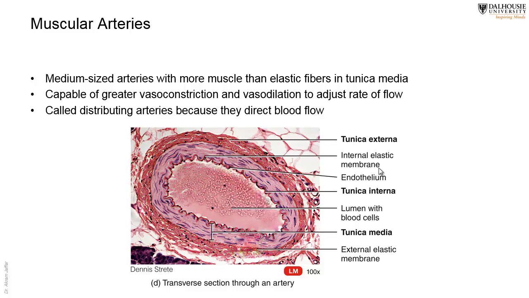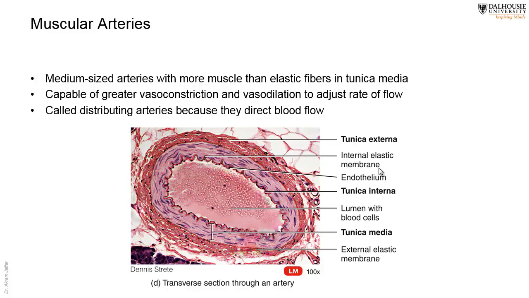The tunica externa or the adventitia is made of collagen fibers and fibroblasts. So here, this pinkish area is collagen fibers, and the nuclei which you see are not smooth muscle fibers, they are the nuclei of fibroblasts, the cells of connective tissue that produce the collagen fibers. Here, most of these nuclei are of smooth muscle fibers.